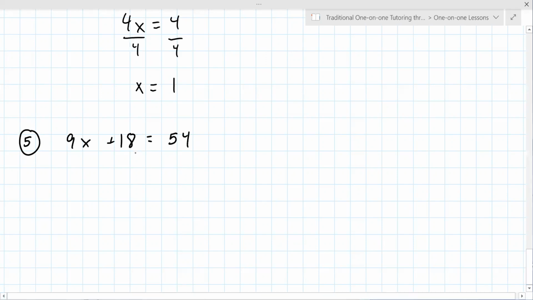The answer is 4. x equals 4. It is. Okay. 9x equals 36, divide by 9, divide by 9, x equals 4.